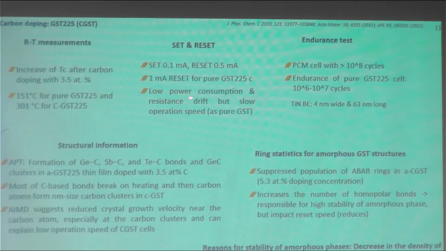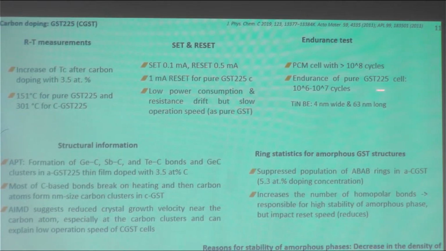and also the resistance drift was better than of GST 225, but somehow the operation speed was not good compared to the pure GST, but it increases the endurance of the GST 225 to 10 to the 8 cycles.